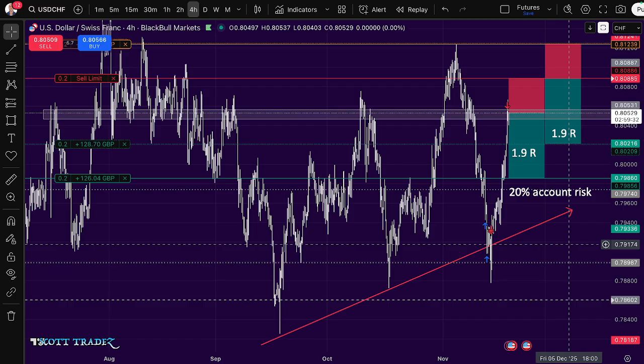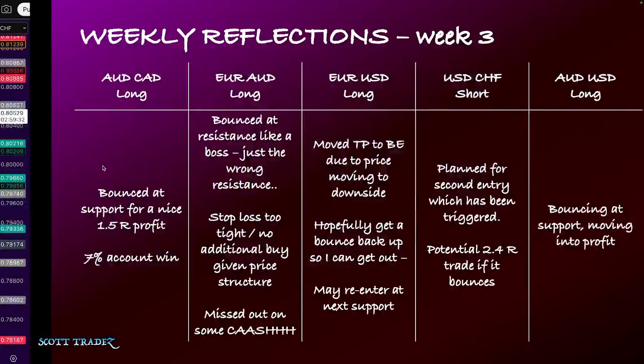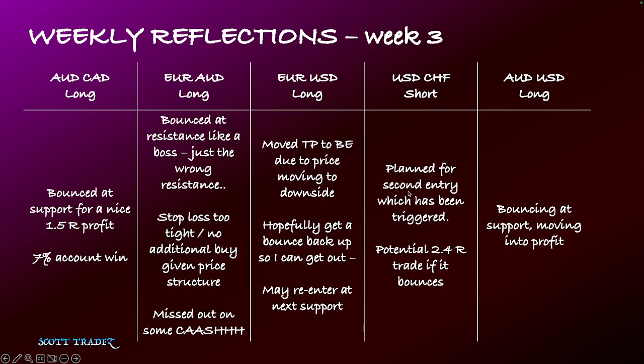And currently, I believe that my entry has been triggered, so I'm waiting for that to hit profit land. But we'll see how that goes, shall we? But yeah, you can see here the plan for the second position, which has been triggered. Potential 2.4R trade if it pulls off, and the if it pulls off is really the key for this one here.